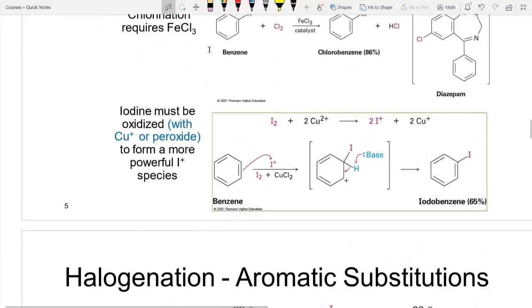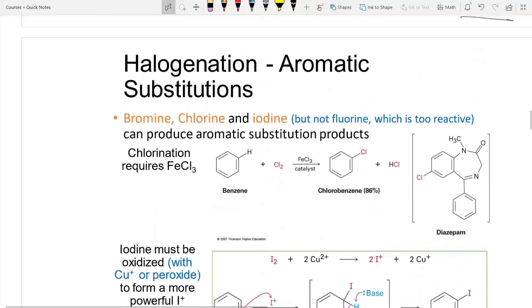So what are some examples of these reactions? We can take benzene and use the Lewis acid. Another example of a Lewis acid is iron trichloride. So you can use iron trichloride, aluminum trichloride, boron trichloride, as long as it's one of those Lewis acids.